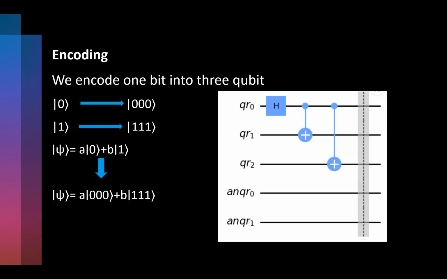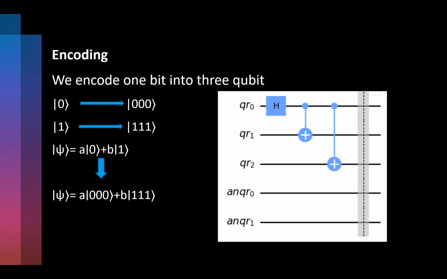So let's understand the first part, encoding. We encode our 1 bit into 3 bits. 0 state is encoded into 000 state and 1 is encoded into 111 state. So it's 3 bits.